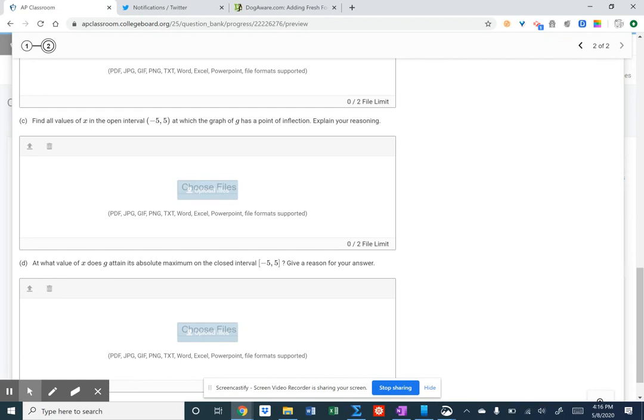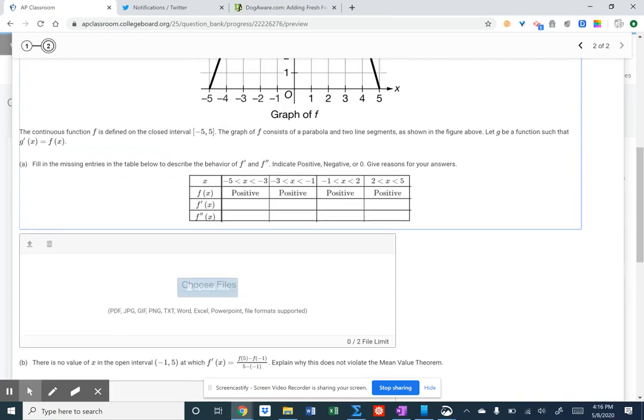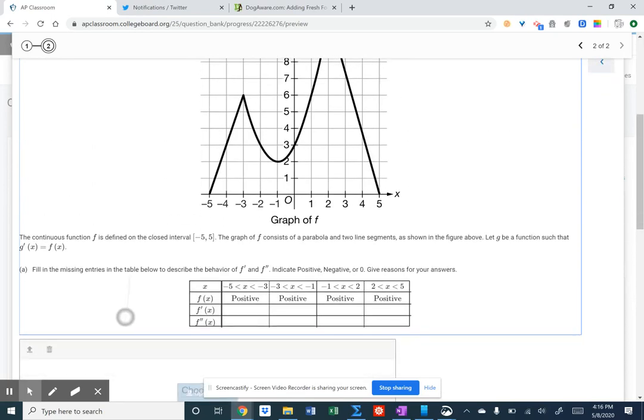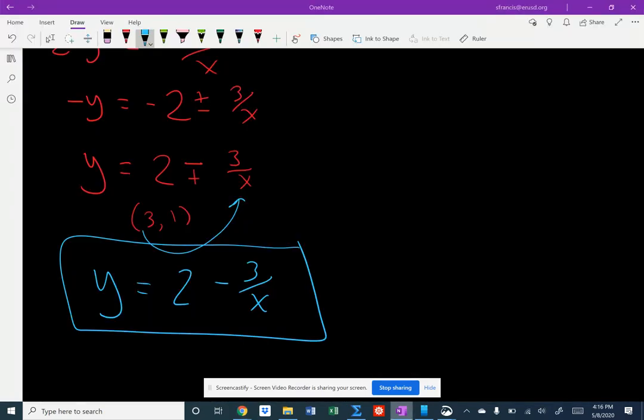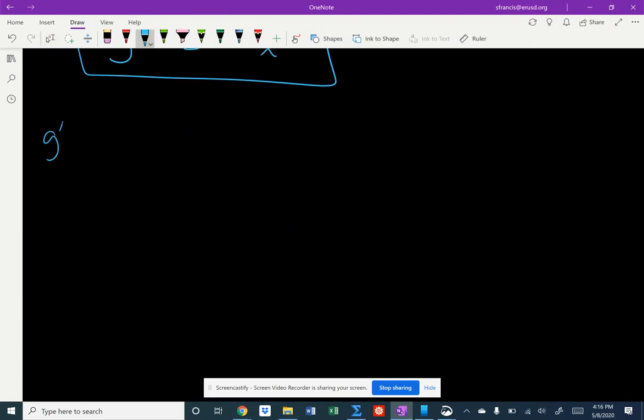A point of inflection, just to go back for a moment, the graph of g, we're looking at g' is equal to f. So they tell us that g' is equal to f. Points of inflection occur when the graph changes concavity. We find that by looking at where the second derivative is equal to 0 or undefined, and then we have to test to make sure concavity changes around those points.